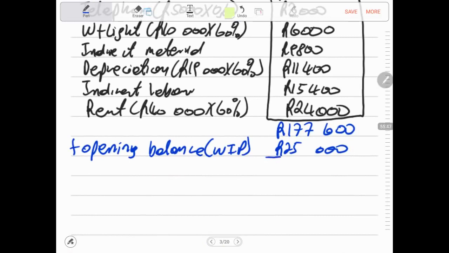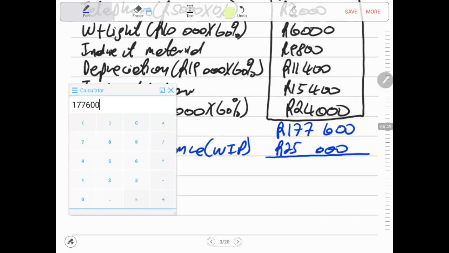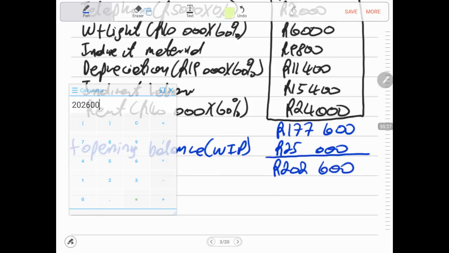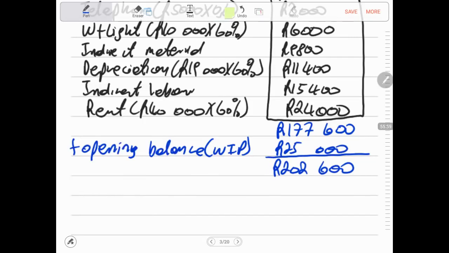So after we have added that 25,000, it will give us 202,600. So now this is work in process available to be finished. In other words, this is the value of the work that was in process during the year.